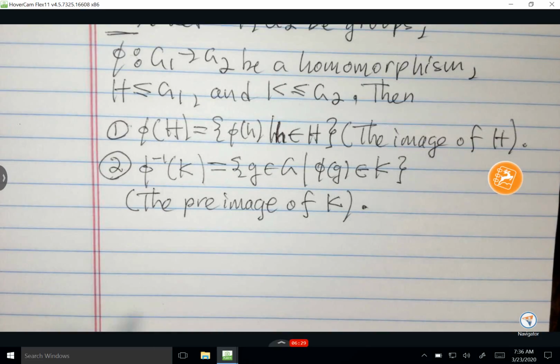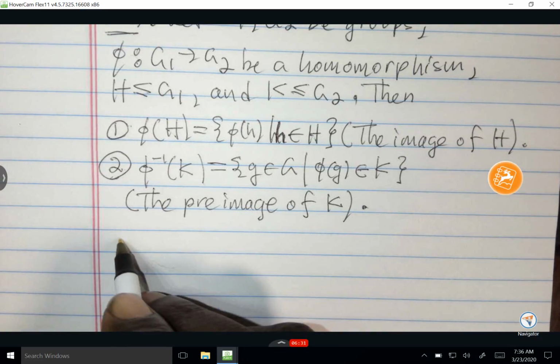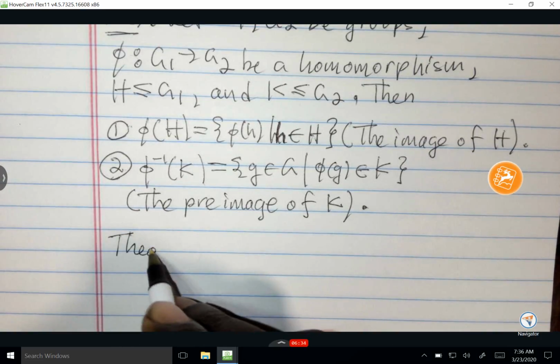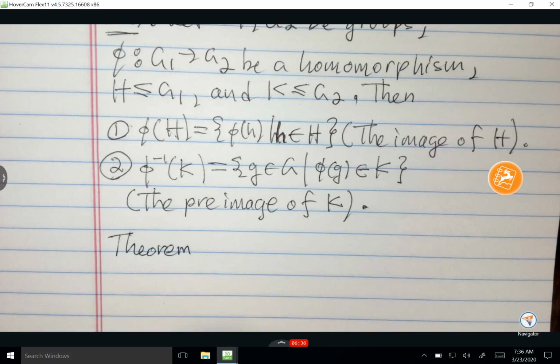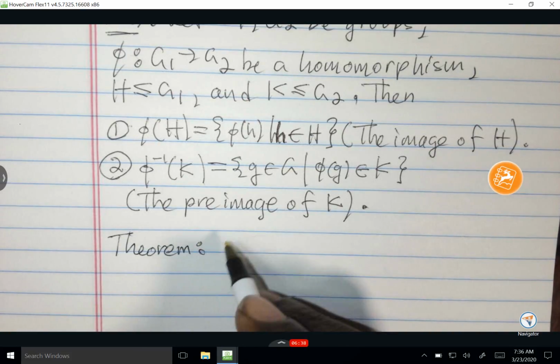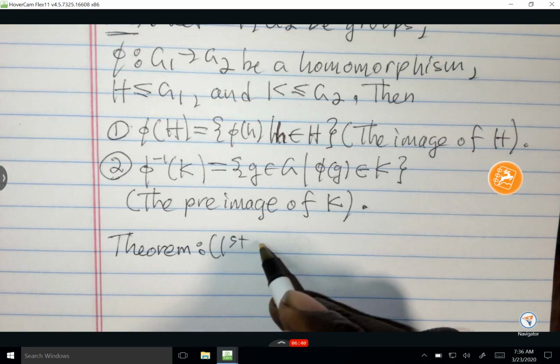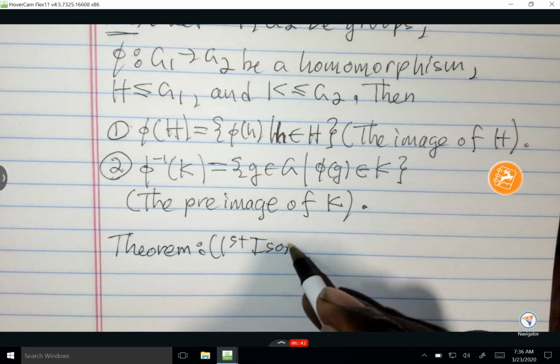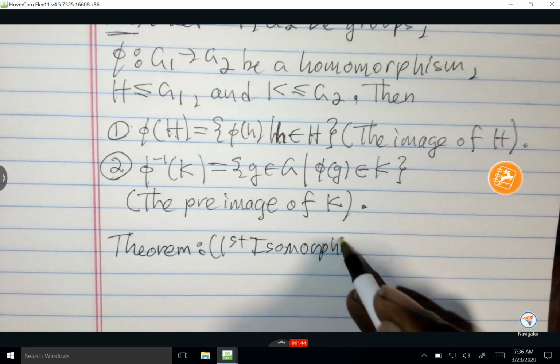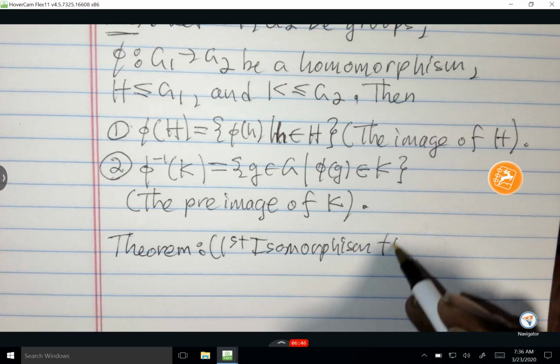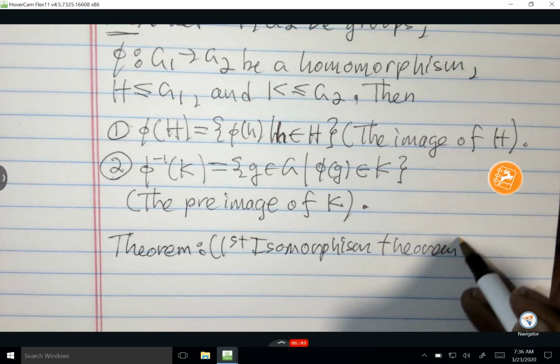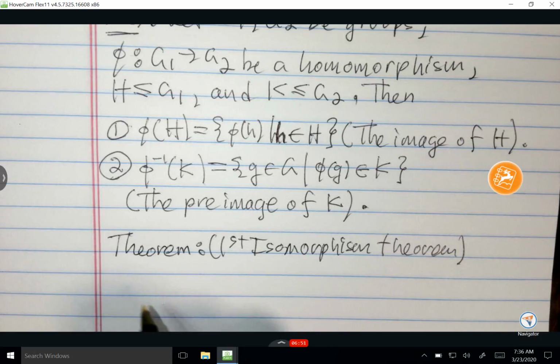Okay, this is the last review thing. It's a theorem from Abstract 1. You should remember how to prove this theorem. But anyway, it's called the first isomorphism theorem. And it goes like this.